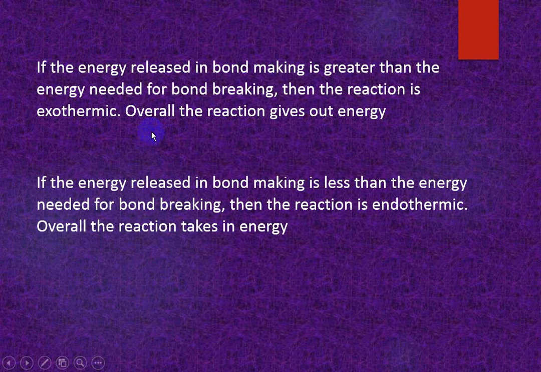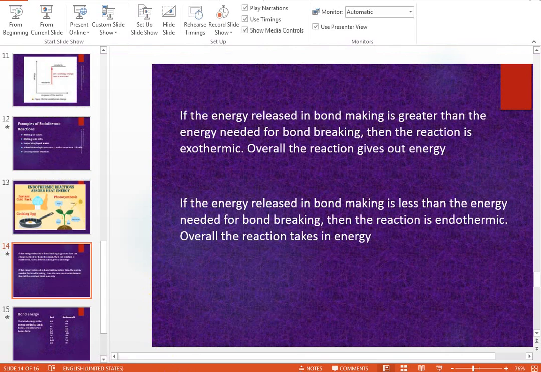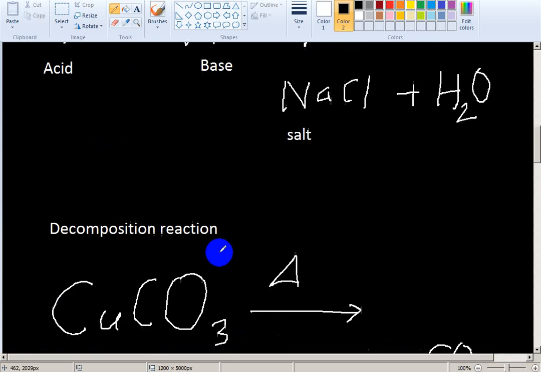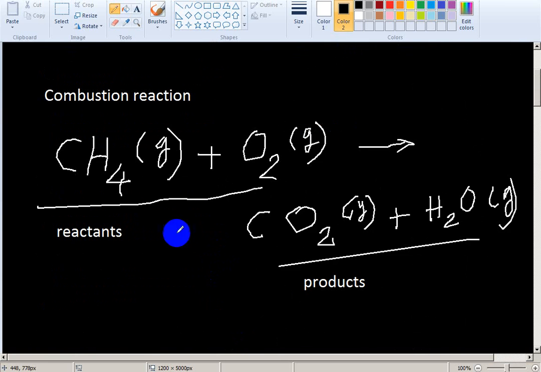Have you understood what is meant by the energy released in bond making? We know that during the reaction, in the reactants, there are carbon hydrogen bonds and oxygen bonds. These bonds are breaking.